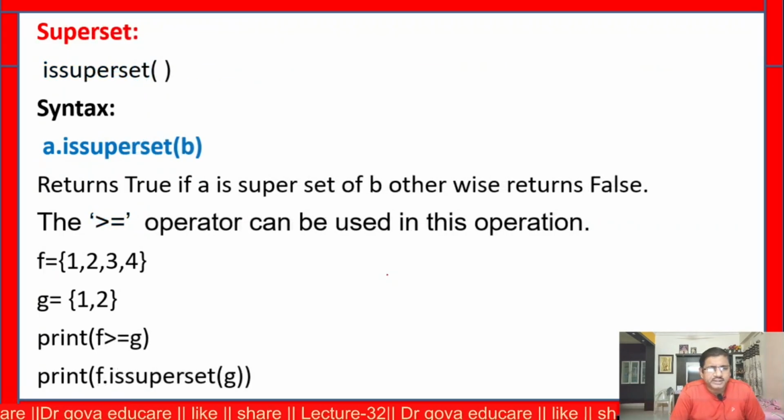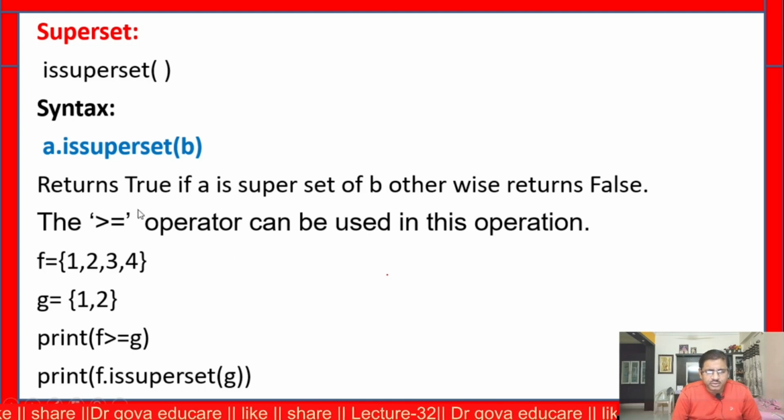Similarly, superset. Now we can use the built-in method is superset. This function returns true if A is a superset of B, otherwise it returns false. Now we can use the greater than or equal to symbol. This operator can be used to check whether the set A is a superset of B or not.